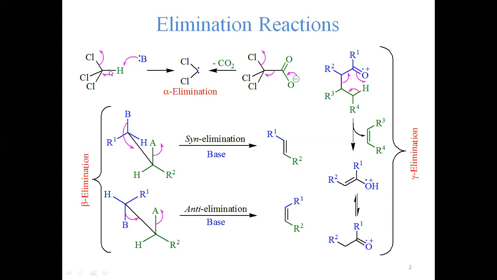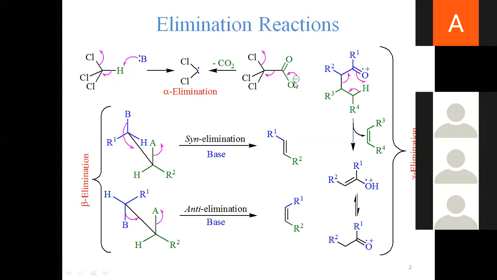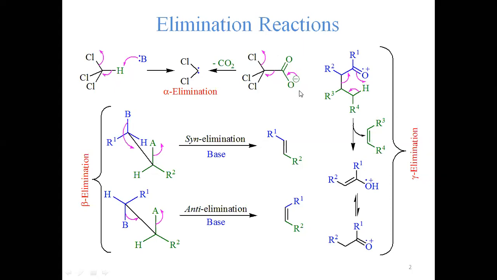Very similar to this mechanism, but here it is a carboxylate instead of hydrogen. When the chlorine leaves, this carbon becomes electron deficient. This oxygen is negative and donates its electron pair here, so this carbon-carbon bond breaks and a new pi bond forms in carbon dioxide. So carbon dioxide leaves, resulting in the formation of the same carbene, dichlorocarbene.